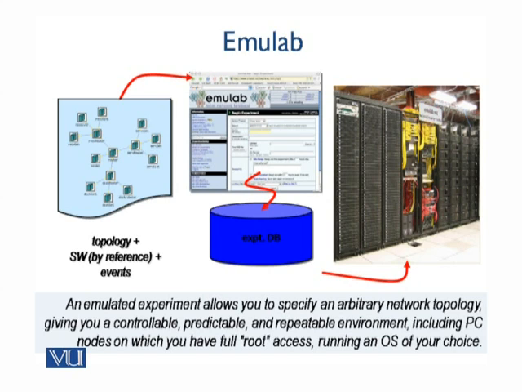The network aspect of the network that you've specified is emulated, and the nodes that you've specified, you have full access to. So this is a very useful facility, and it complements very nicely the facility offered by PlanetLab. So with this, I come to the end of this lecture.